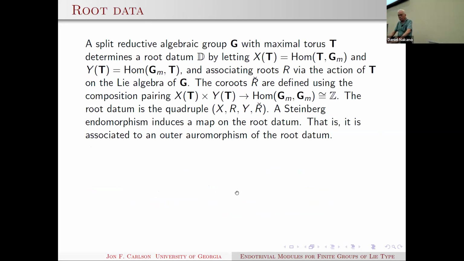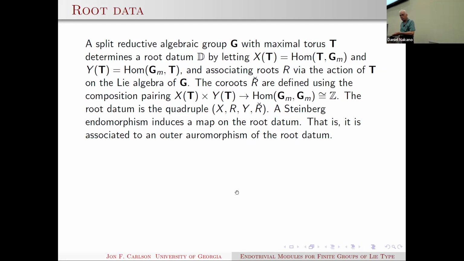This determines a root datum D. You let X be the maps from the torus into the multiplicative algebraic group, and Y be the maps from the multiplicative group into T. You've got associated roots to the action of T that are in X, and co-roots defined in Y. So I take R and R check, the roots and the co-roots. R is in X, and R check is in Y.